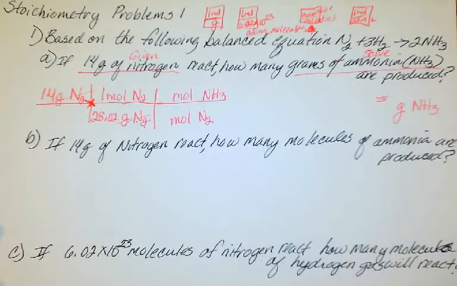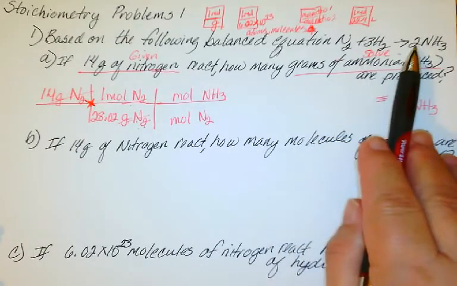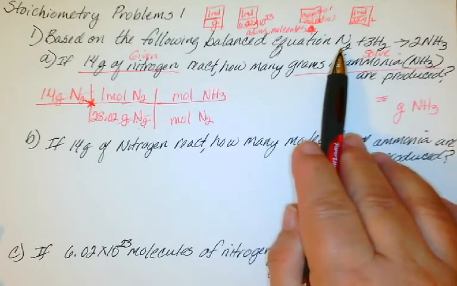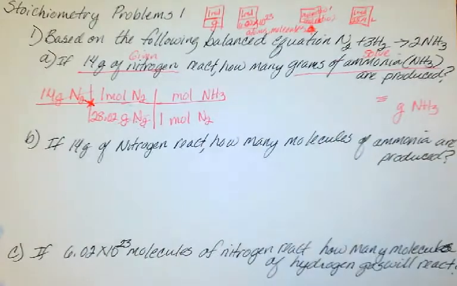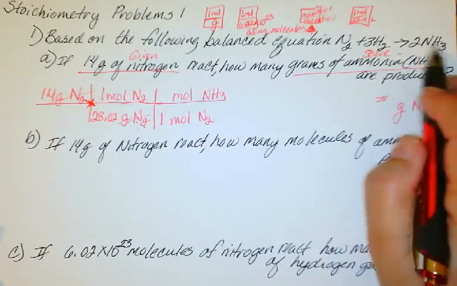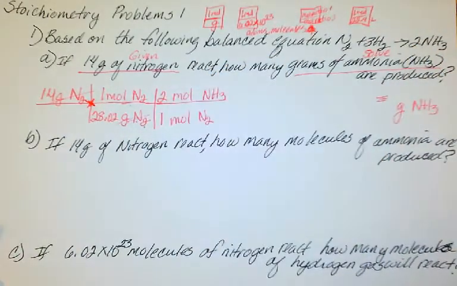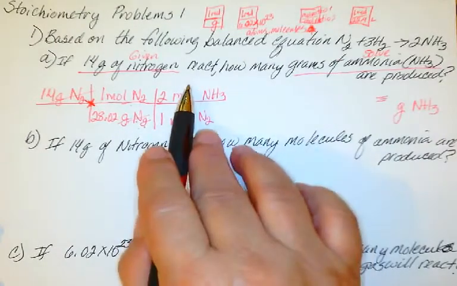Where do I get the numbers? I don't look them up on the periodic table. I get my numbers from the balanced equation. So there's no number in front of N2, which means that's for 1. Moles of NH3. Here is NH3. That has a 2 in front of it, so a 2 goes here. So my mole ratio, for every one of these, I make 2 moles of this.